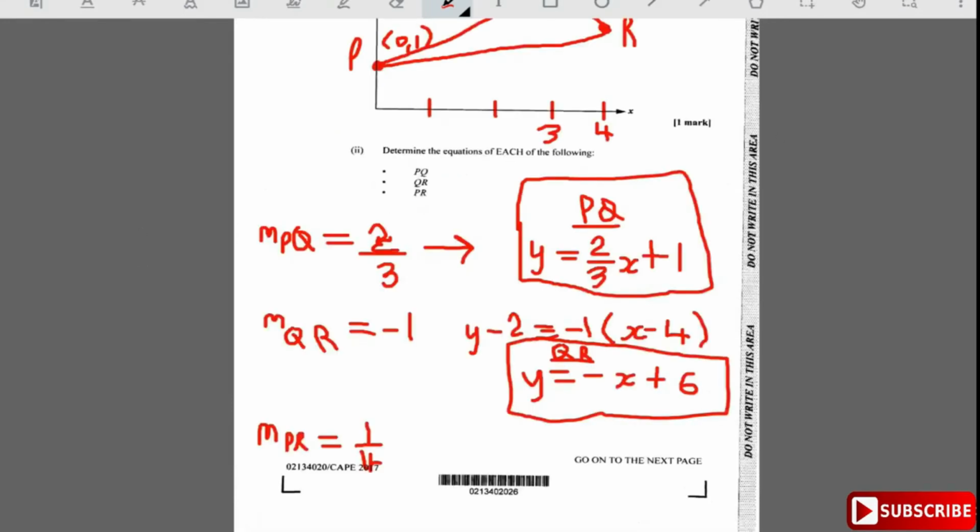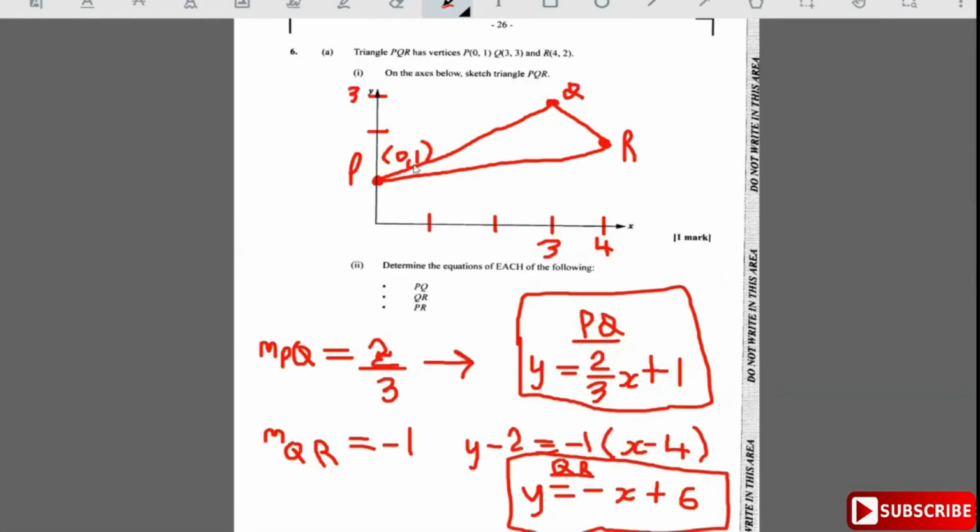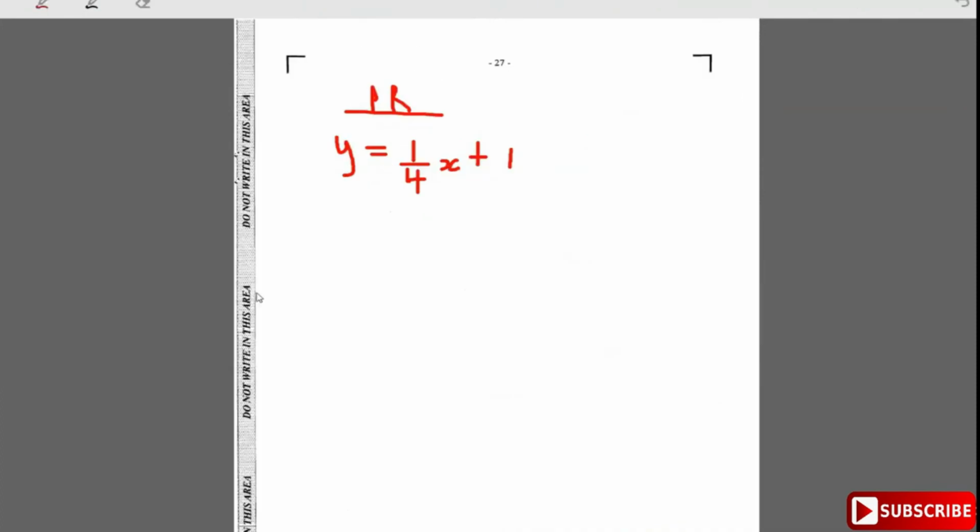Now that we have that, I can tell you what they're going to ask. They're going to ask to find the area of this triangle using integration. Before we even use integration, how do you find the area of this triangle? Remember from CSEC math, many of us would not have ever used this formula, but it's always on the formula sheet.